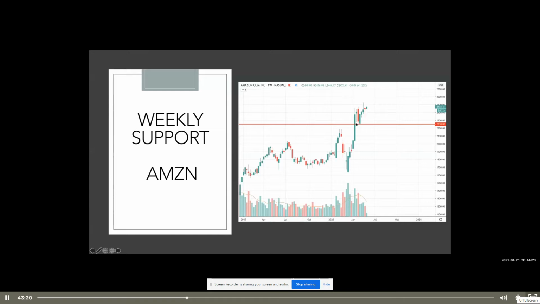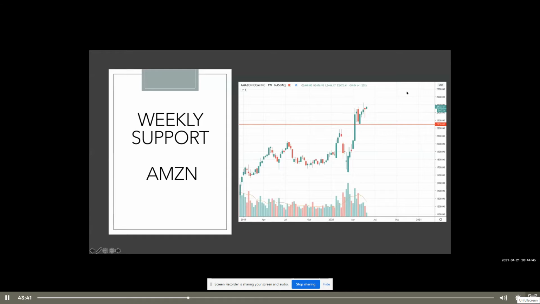You can see it bounced off of 2250 and then closed above it. The next Monday, because this candle is the start of the new week, it opened at that 2250 and then bounced off of it aggressively all the way up to close to 2400. So you can see this was a double bounce on the weekly.